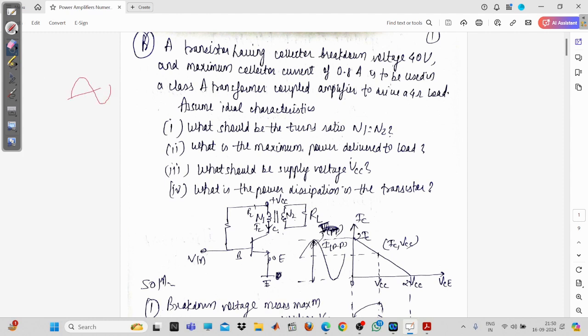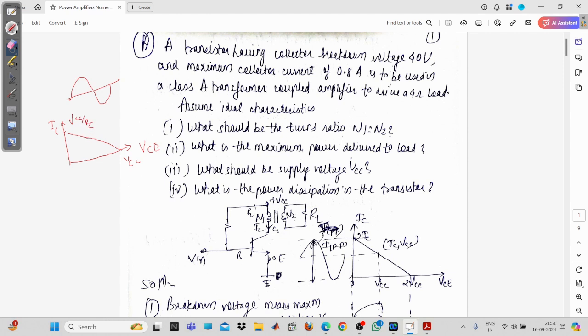So even if you are not applying any input signal, you still have the DC biasing voltage. You can see from the output characteristics of the common emitter transistor, and this is IC. So we will draw the load line first. These are the coordinates, this is VCC, and this one is VCC upon RC.